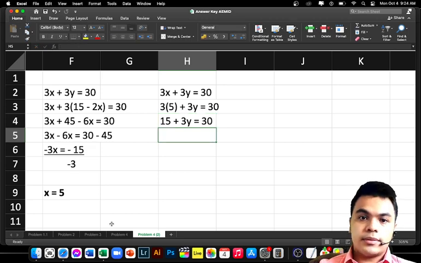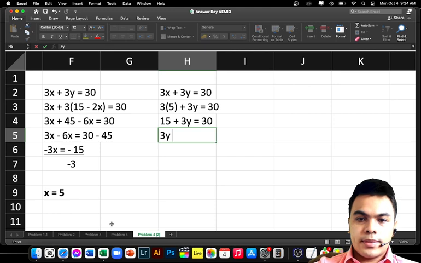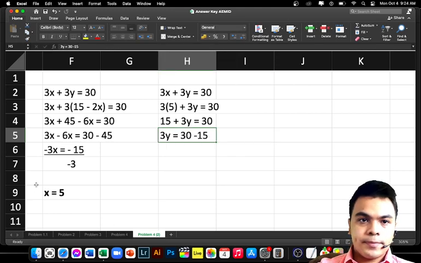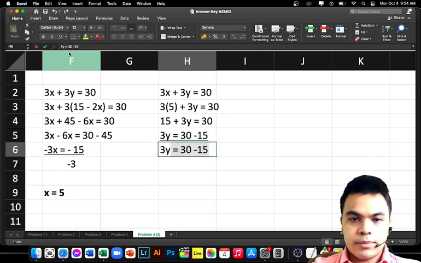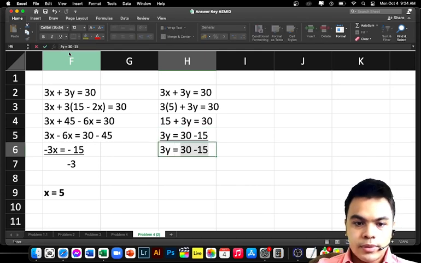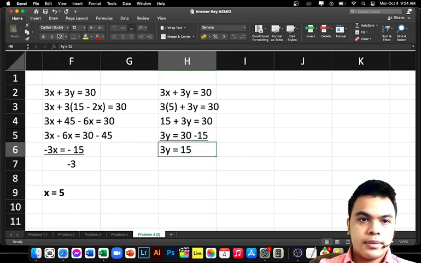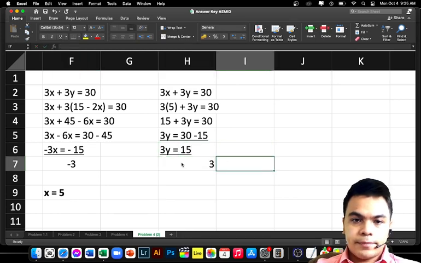Tama ba yung mga nilagay ko? Okay, 3y is equal to 30. Transpose natin si 15 sa kabilang side. Sorry, minus muna pala natin. So, ito naman is 3y is equal to 15. Ayan. Divided by 3.